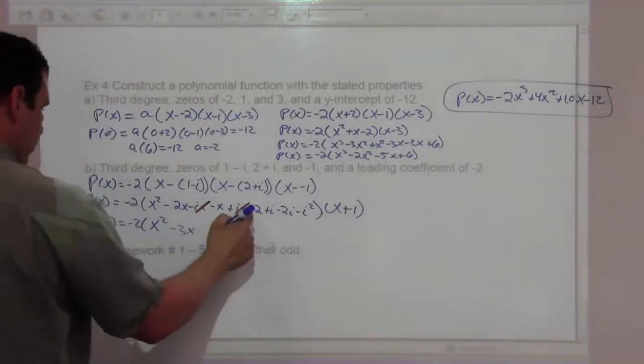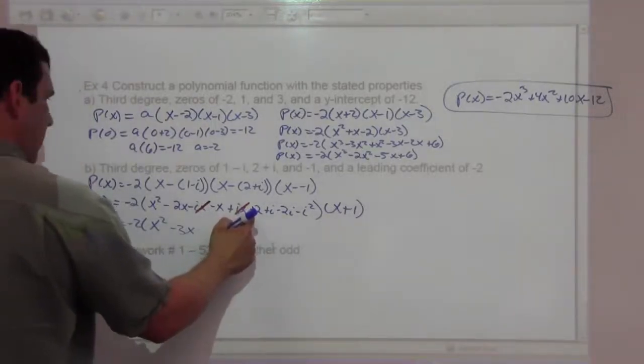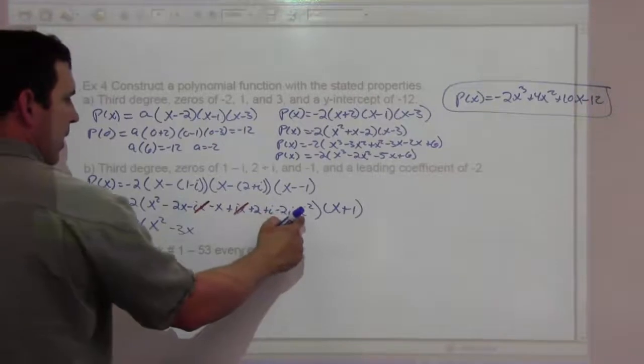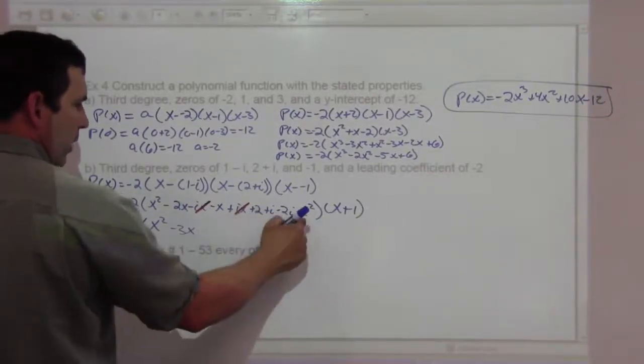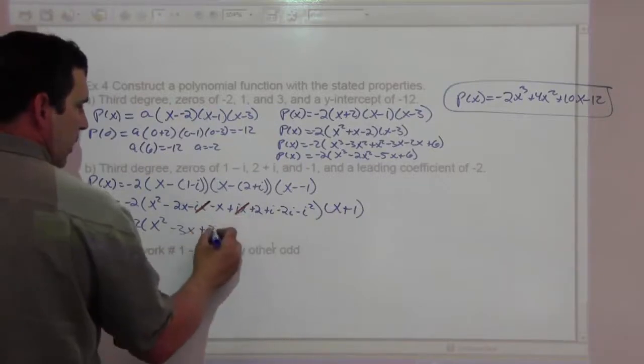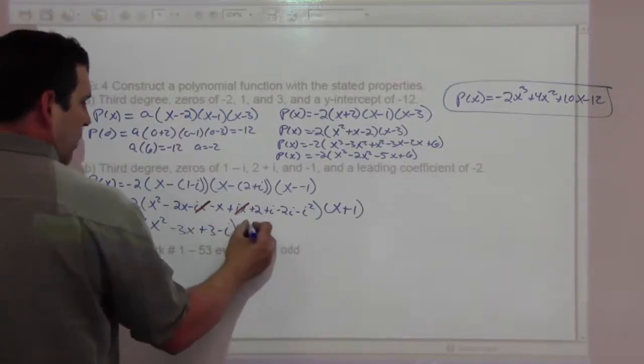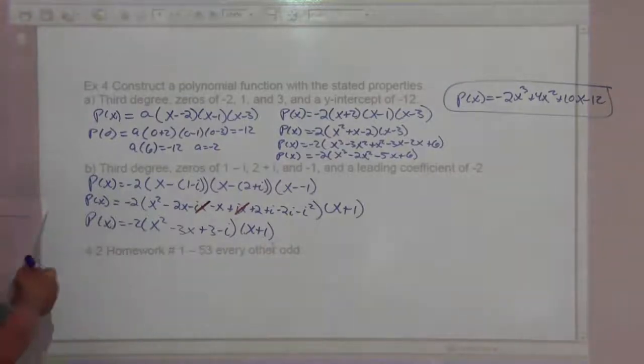And then we have 2. Now negative i squared is going to be 1 because i squared is negative 1. So 2 and 1 is 3. So plus 3 minus i times x plus 1. Now we're going to multiply this through.